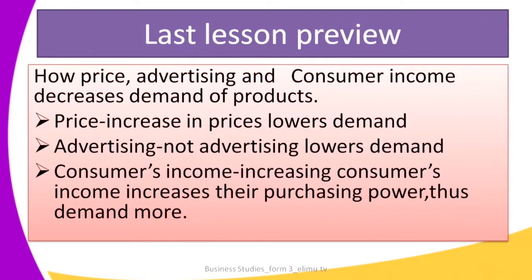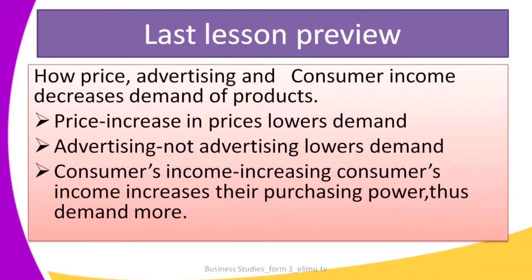The other one you're supposed to explain is how the consumer's income lowers demand. If one's income decreases, you find that the person's purchasing power goes down. On the other hand, if the consumer's income increases, demand goes up.